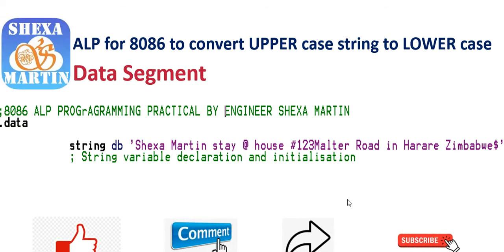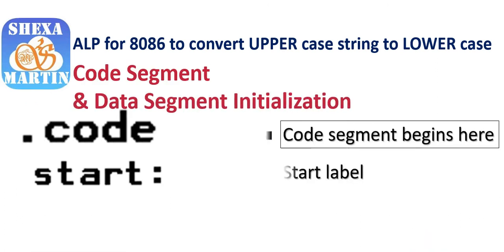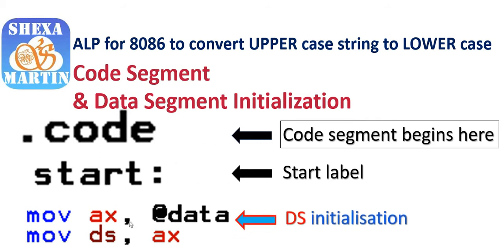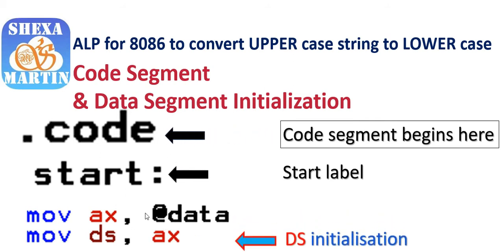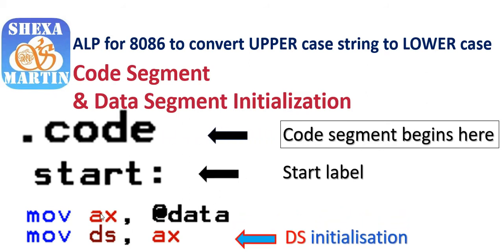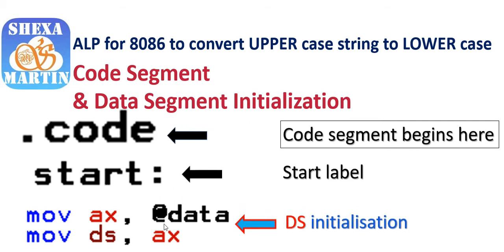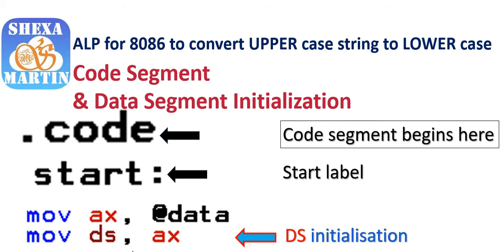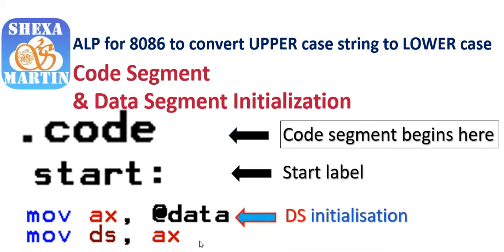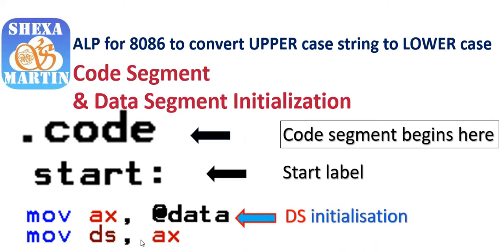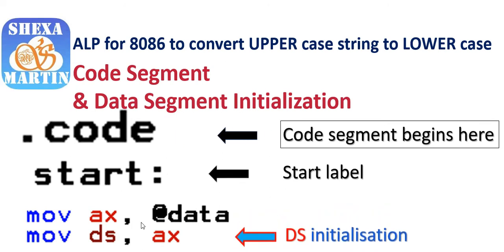Everything typed in there is going to be put into AX in this line, MOV AX, @data. So we're taking whatever is in the data segment, putting it into AX, and then we move data from AX into DS, which is the data segment. That's how we initialize. These two lines are the ones we use to initialize the data segment in ALP.